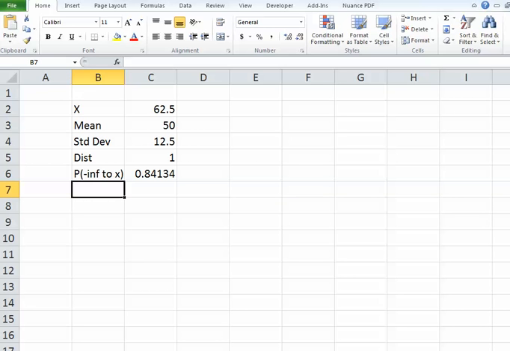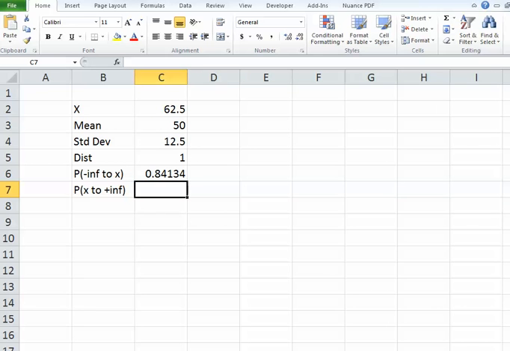If we want to know what is the probability or how many students scored better than Patty on the exam, well, the normal distribution from negative infinity to 62.5 is 84%. The area under the curve from negative infinity to positive infinity is always 1 or 100%.